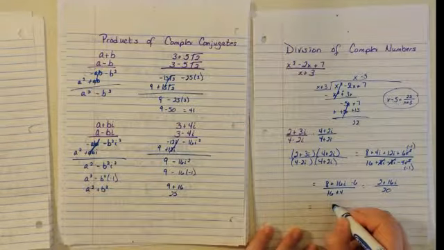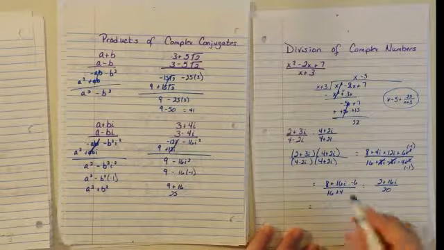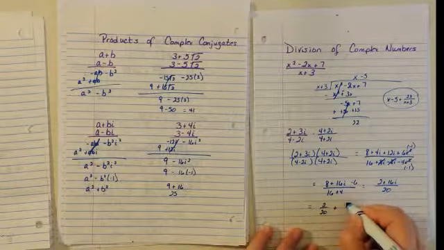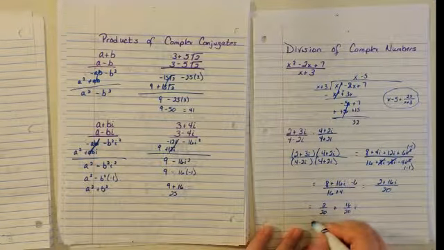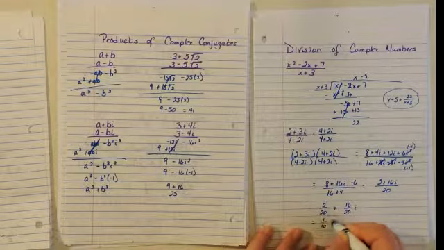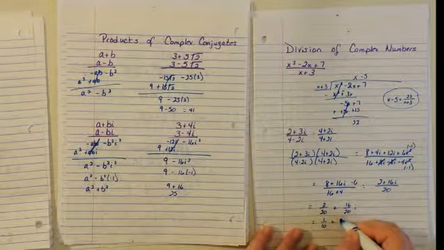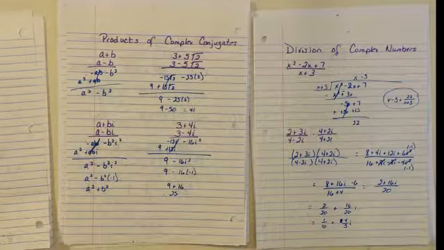So we'll have 2 over 20 plus 16 over 20 times i. Nope, we can divide both of those by 4. So we'll have 1/10 plus 4/5 i. And that will be your answer.